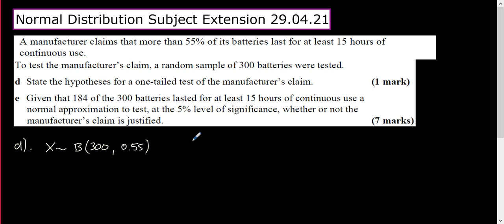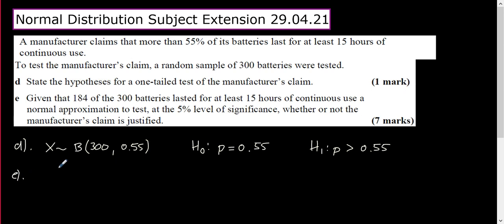Our null hypothesis, which is what we're being asked to write down here, is that the probability is 0.55. The alternative hypothesis is dependent on what the manufacturer is claiming. The manufacturer claims that more than 55%, so we've got that p is greater than 0.55. So that's it, we've stated our two hypotheses.